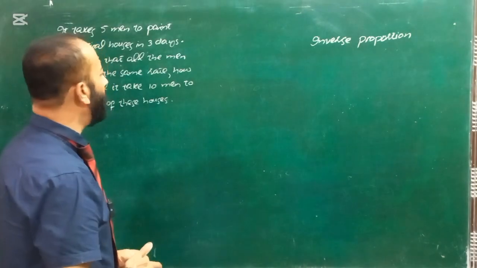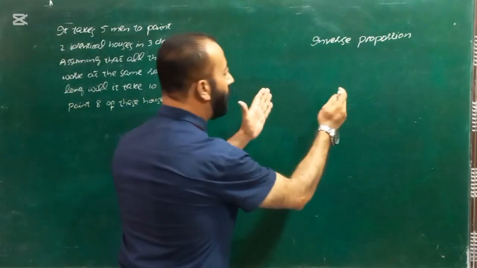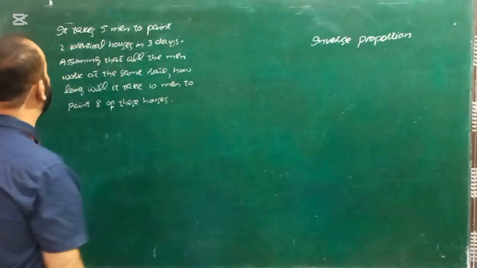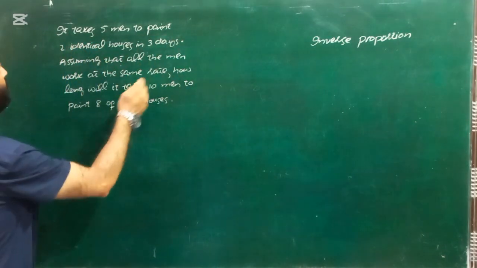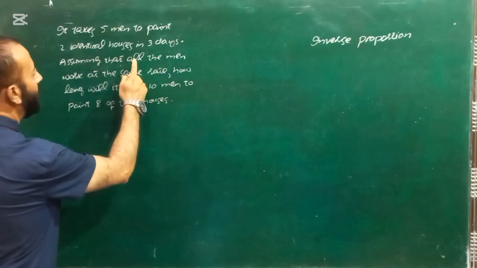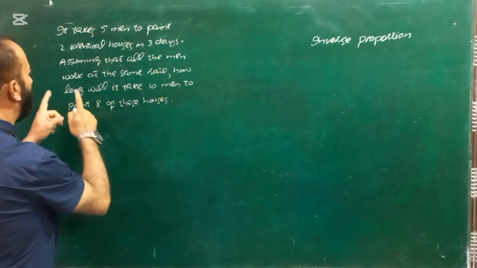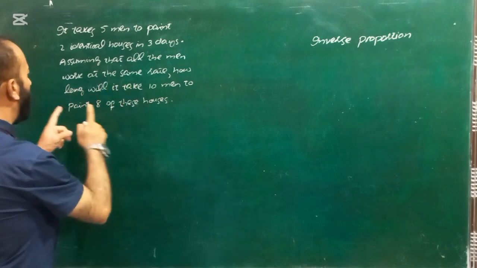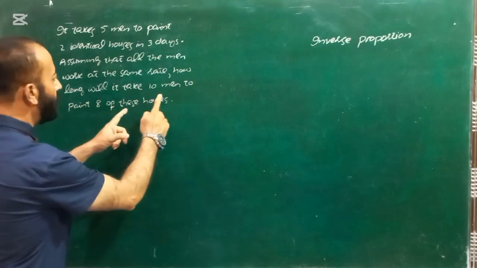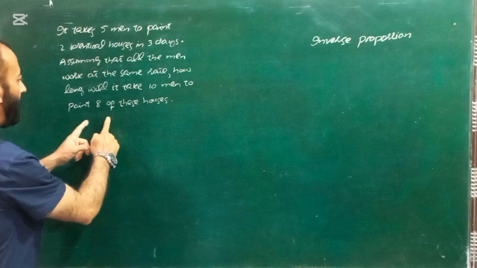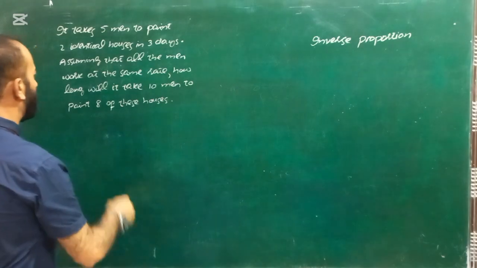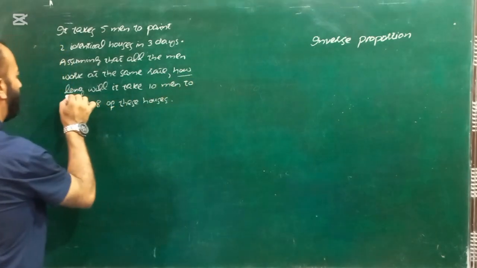Here is the first kind of question in the category of inverse proportion. The statement is, it takes 5 men to paint 2 identical houses in 3 days. Assuming that all the men work at the same rate, how long will it take 10 men to paint 8 of these houses? So how long is the requirement?